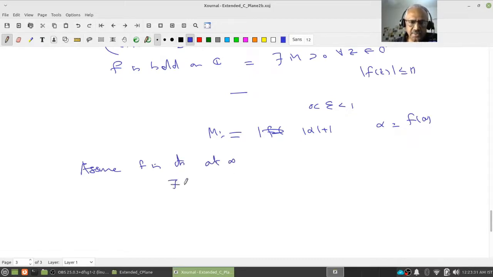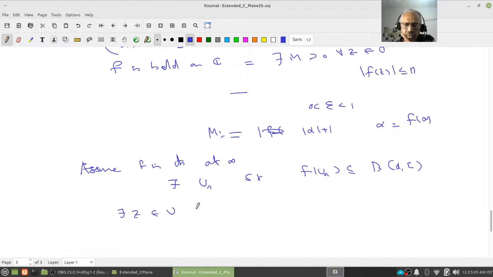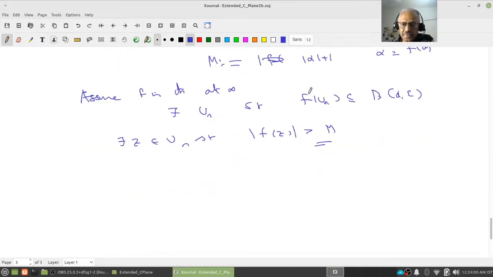As usual, there exists U_n such that f of U_n is contained in B(alpha, epsilon). Now you claim there exists z in U_n such that mod f(z) is greater than M.